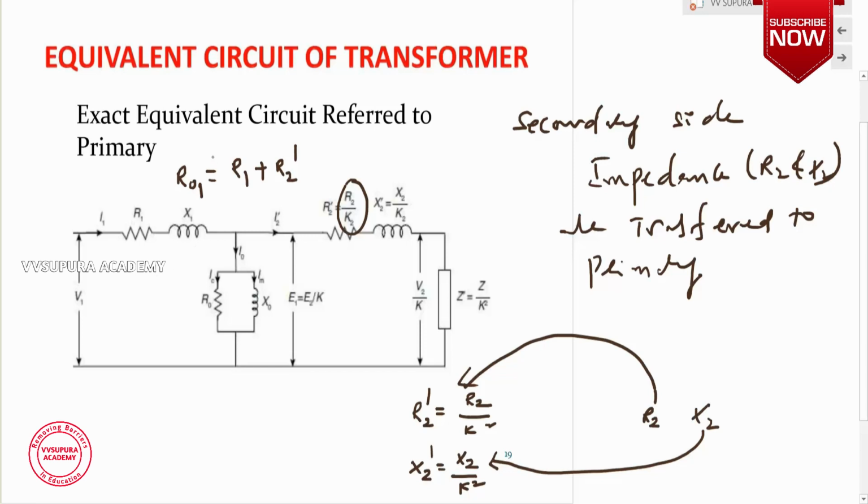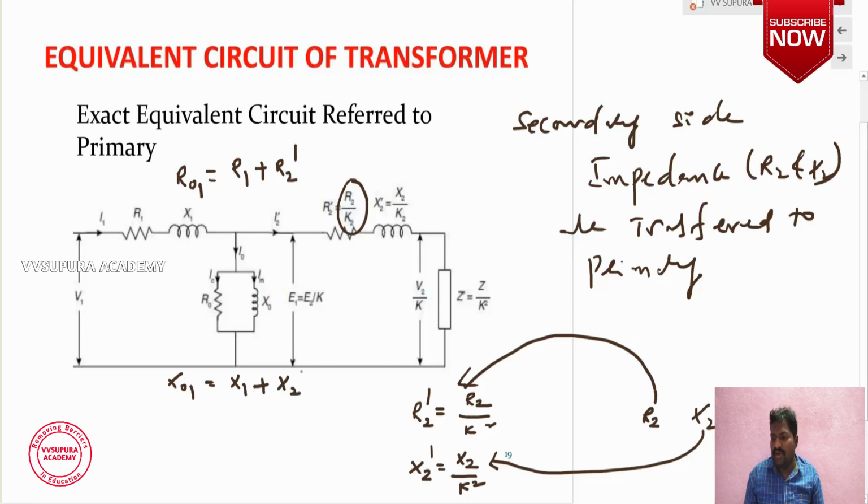Similarly, X01 is equal to X1 plus X2 dash, where R2 dash is R2 by k square and X2 dash is X2 by k square. Now the total impedance on the primary side, when the secondary is also transferred to the primary, is Z01, equal to R01 plus jX01. This is the exact equivalent circuit referred to the primary.